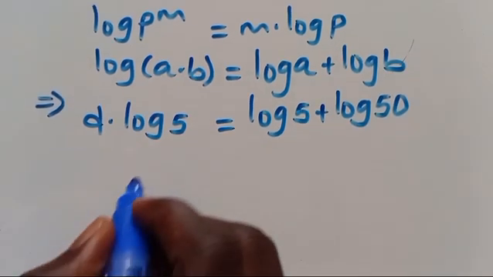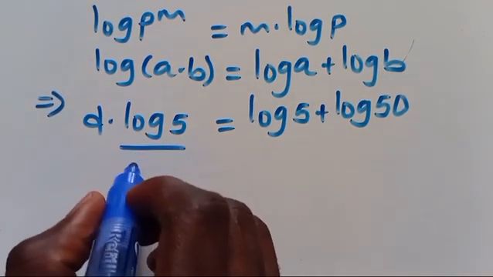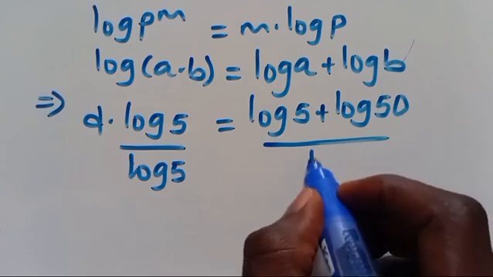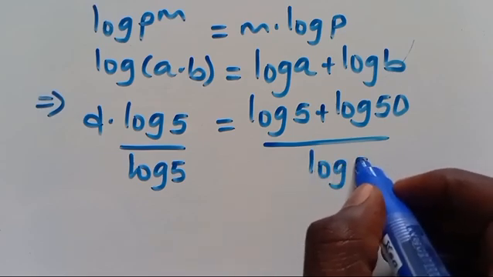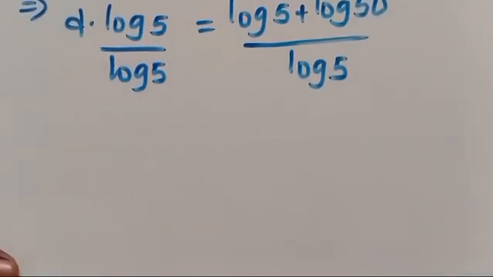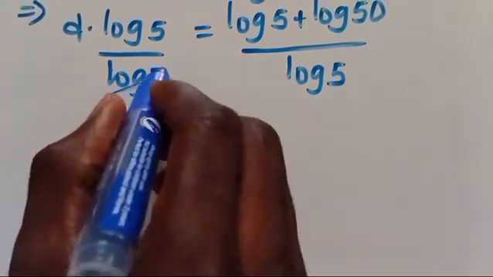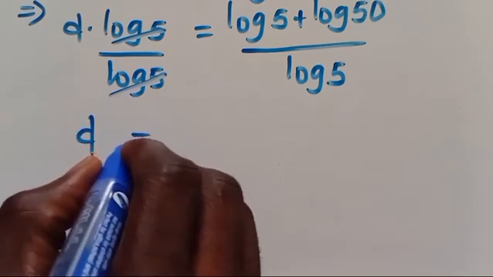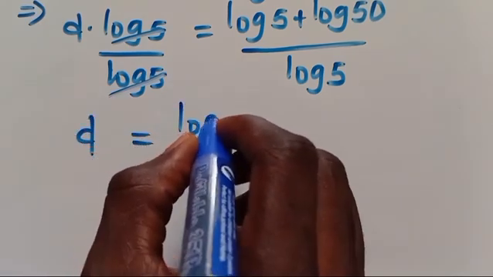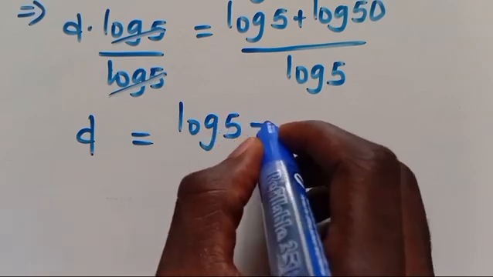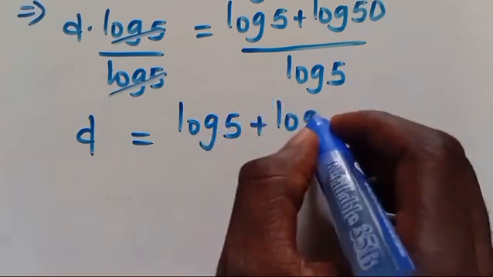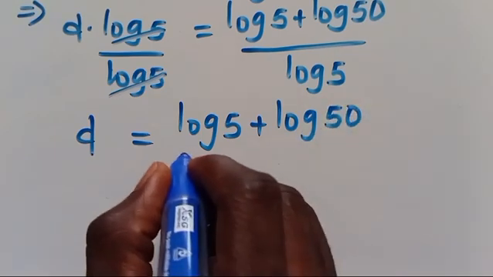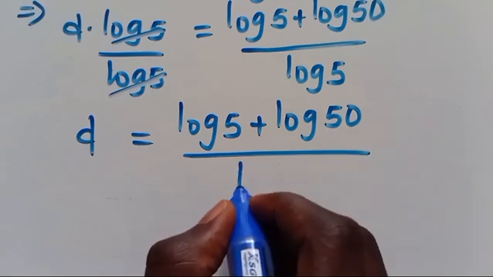Then from here, let's divide through by log 5. Log 5 divided by log 5 will be 1 times d, so d equals log 5 plus log 50 divided by log 5.